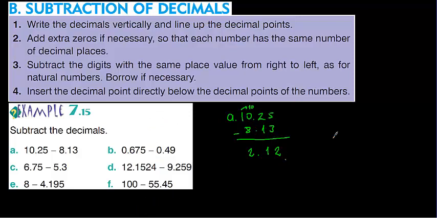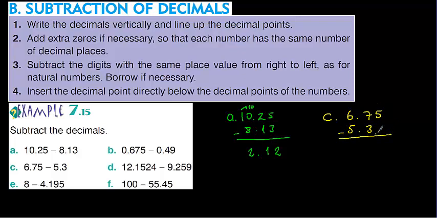If I solve the second one also, the C1, I'm going to solve it, and the others are going to be classwork for us. 6.75 minus 5.3.